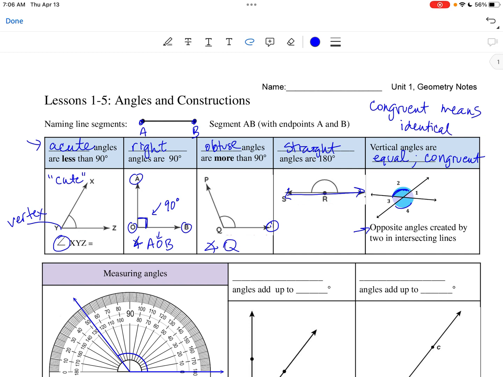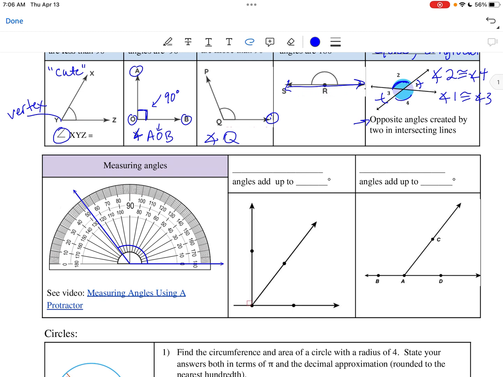And it has a fun symbol. It's an equal sign with a little squiggle on top of it, like that. So we could make a couple statements here. We could say angle 2 is congruent to angle 4. And likewise, angle 1 is congruent to angle 3.